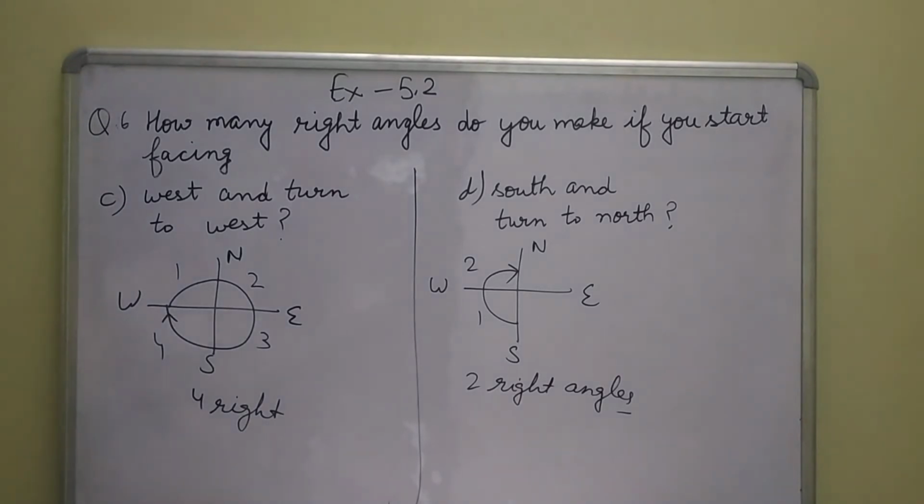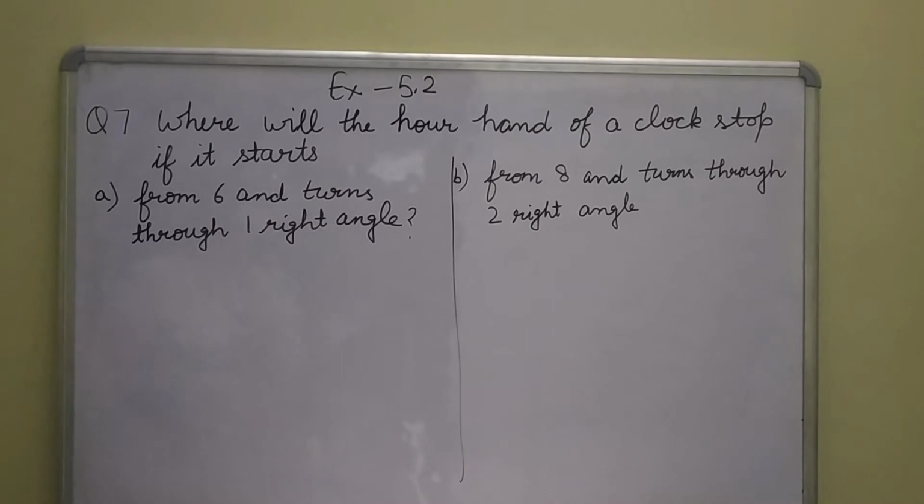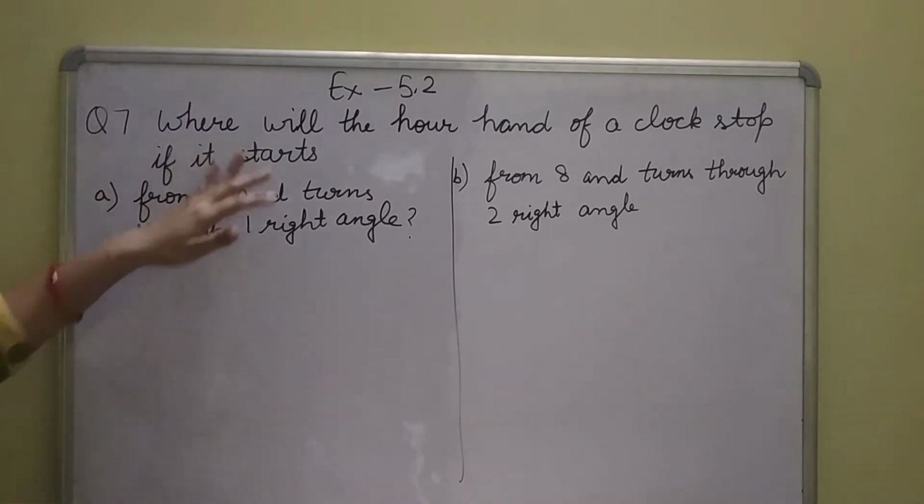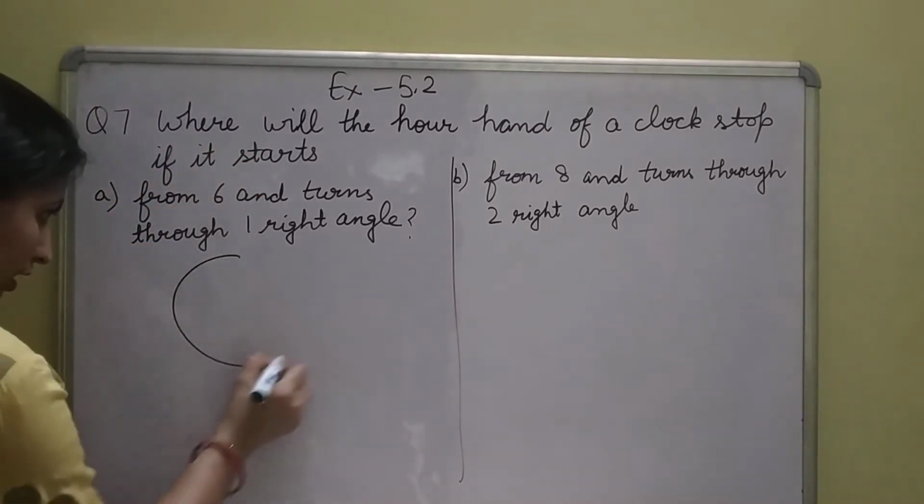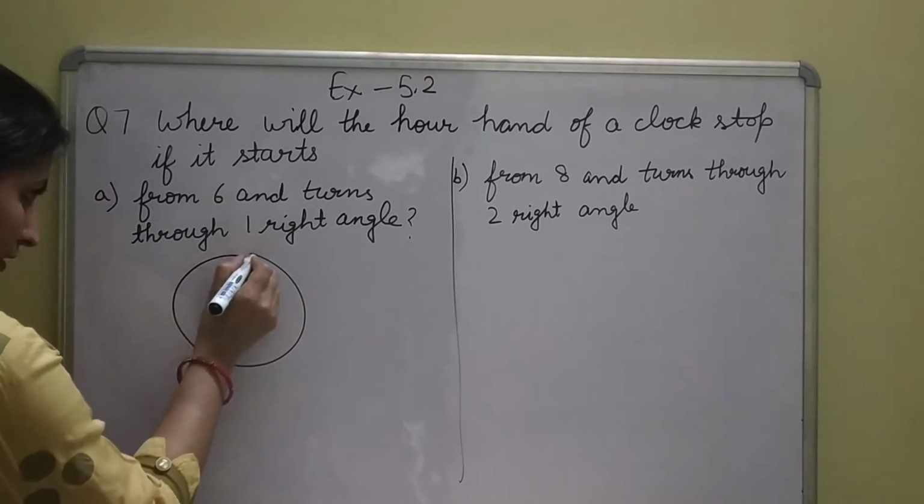Now let's move to question number 7. Our question number 7 is, where will the hour hand of a clock stop if it starts from 6 and turns through one right angle? So let's draw the clock.